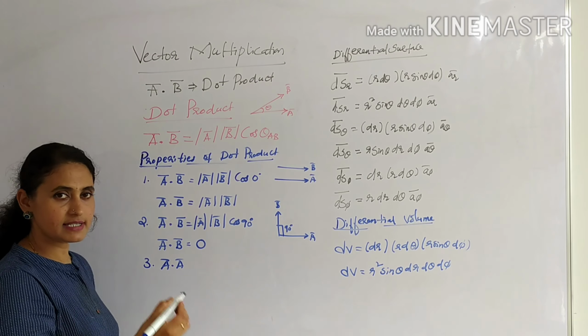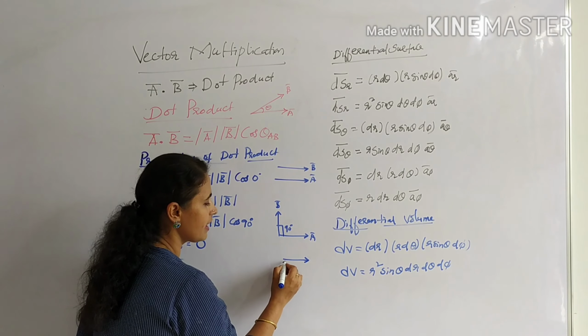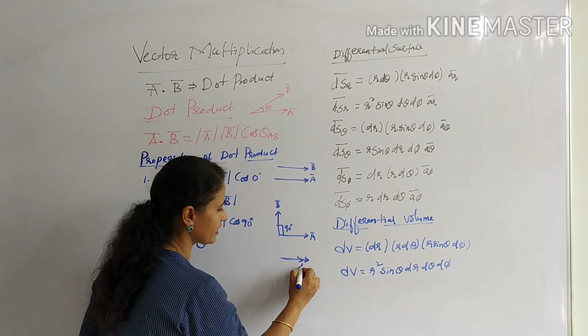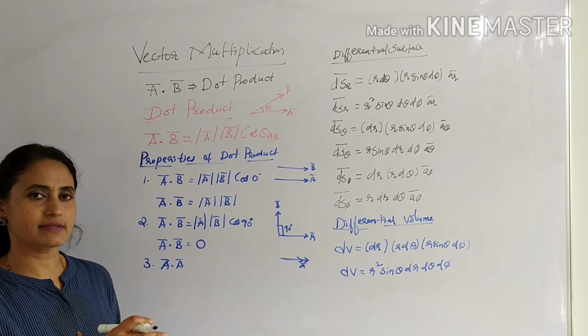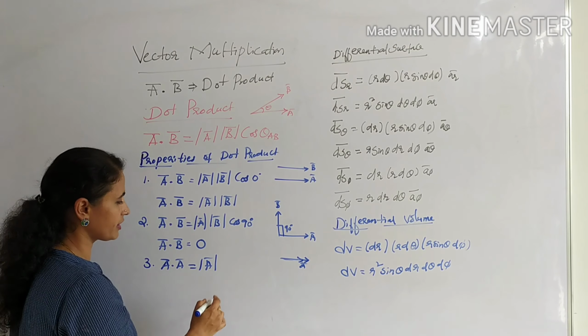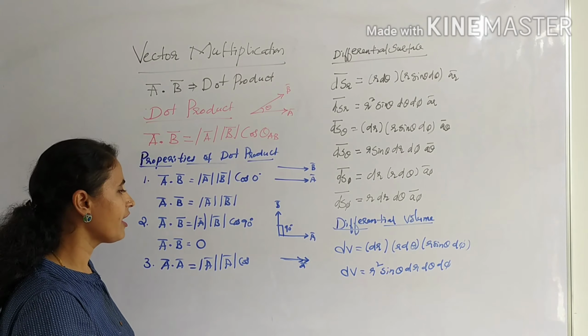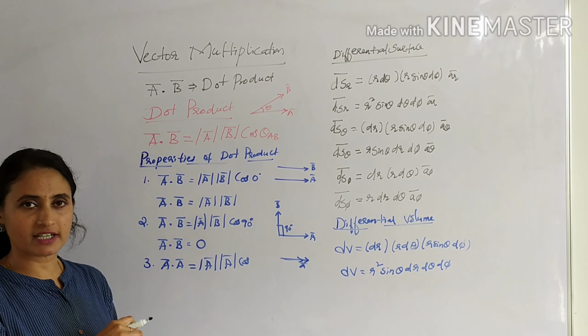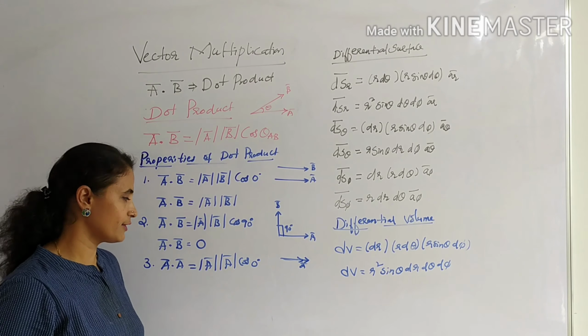Now, the third one is the dot product of a vector with the same vector. It is given by the magnitude of the first vector, the magnitude of the second vector, and cos of the angle between them. Because they are on the same line, the angle between them is 0.